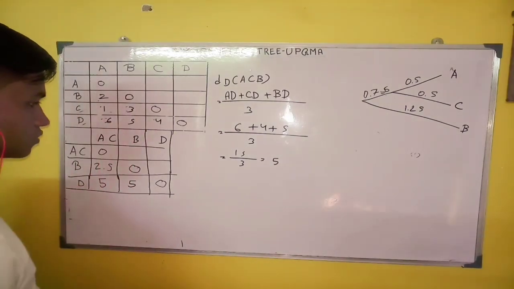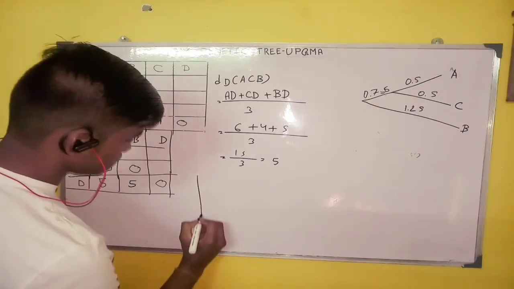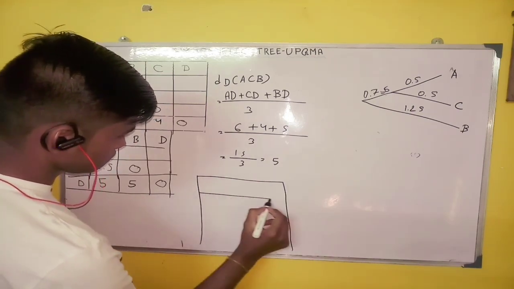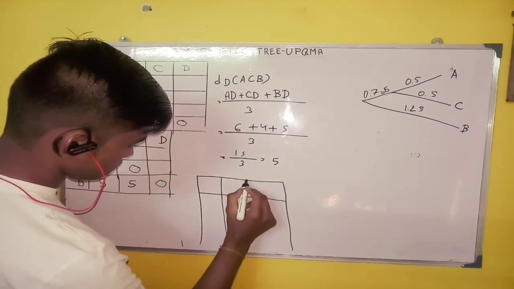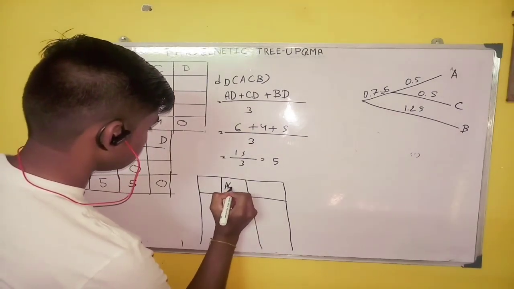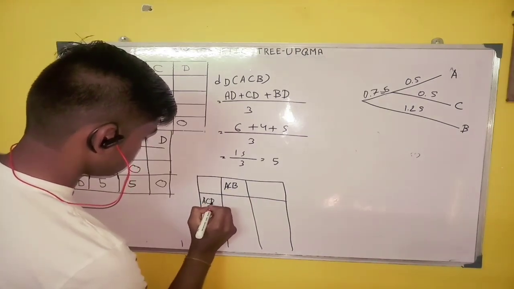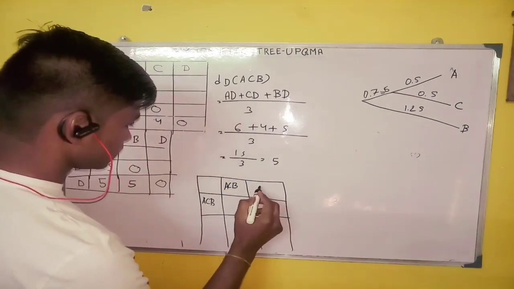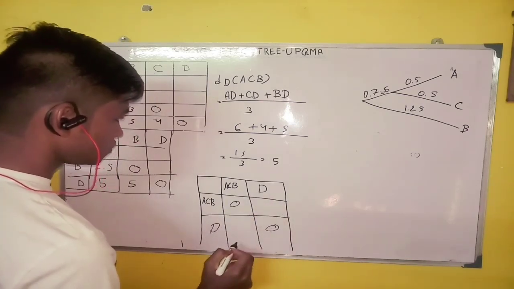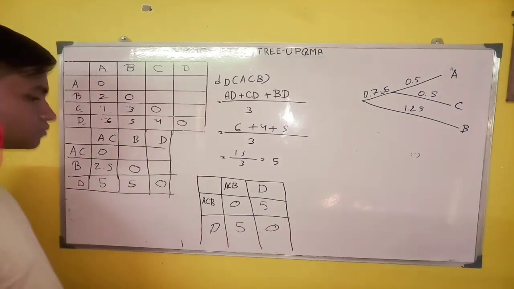So now we'll create our next table, which is table number 3. Here is A, C and B, and here is D, 0, 0, and here is 5, 5.